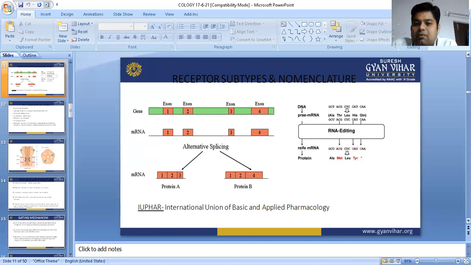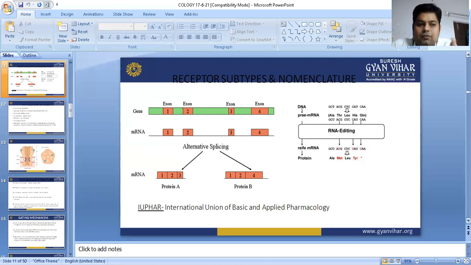In the mRNA segment, what happens? First of all, DNA forms an mRNA strand. The mRNA strand consists of amino acid chains, and in these chains there are codons.